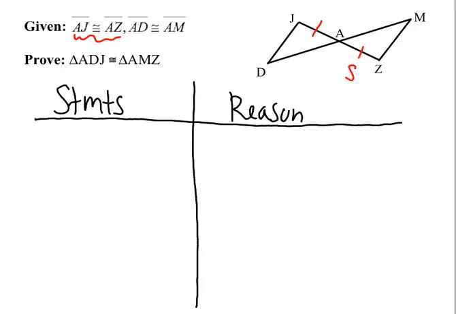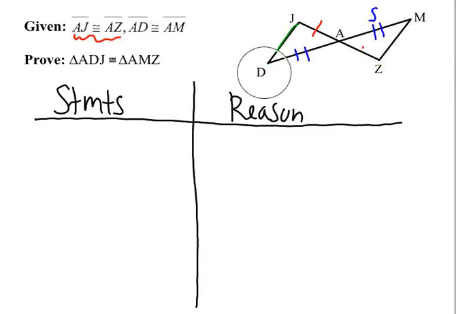Then it tells us AD is congruent to AM. Here's AD, here's AM. There's my second pair of congruent sides. Can we conclude anything about JD and MZ? No, we can't.